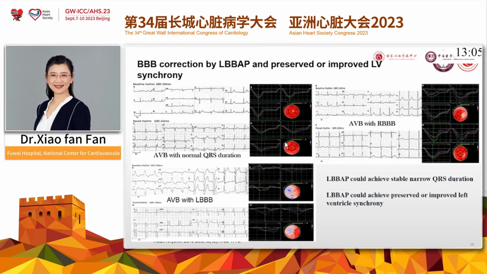Here we show another echocardiography evaluation of the LV synchrony by LBBAP. You can see the narrow QRS, right bundle branch block, and left bundle branch block with LBBP.